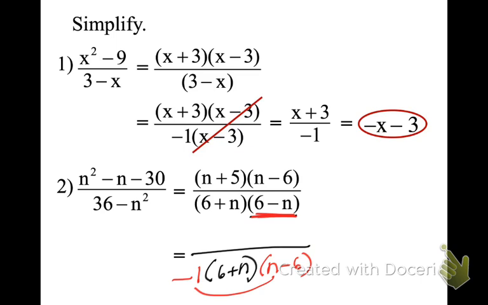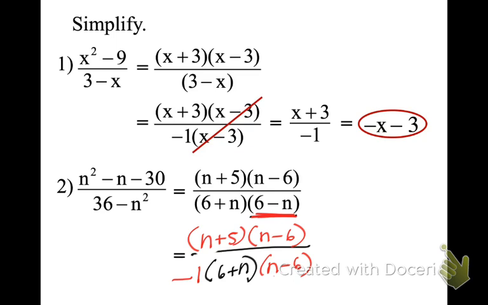Yes? Wait, so the final answer is n plus 5 over 6 plus n? Yes. So why did that negative 1 go away? Then why don't we use the negative 1 times 6 plus n? I mean, you could, but we don't get rid of it.